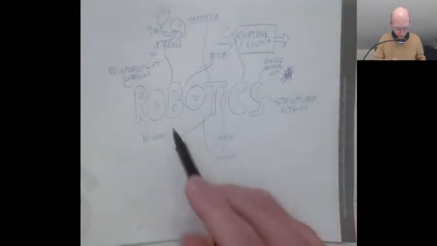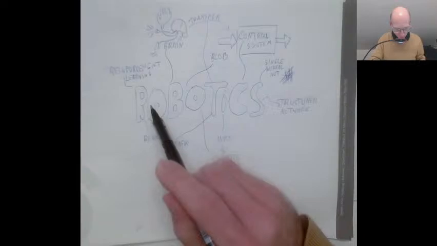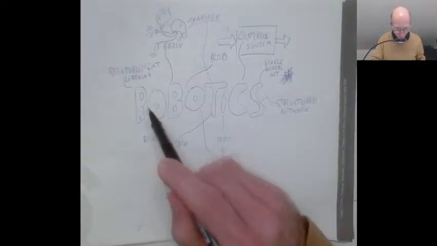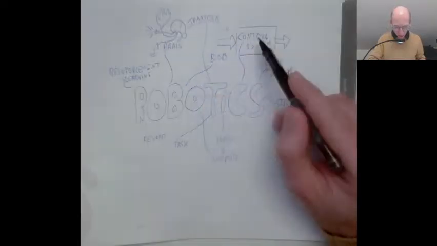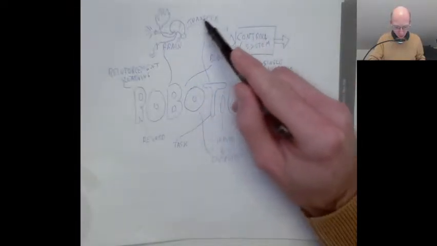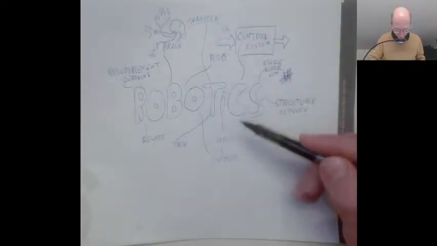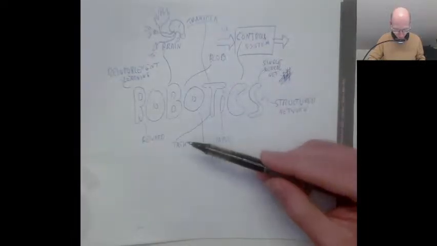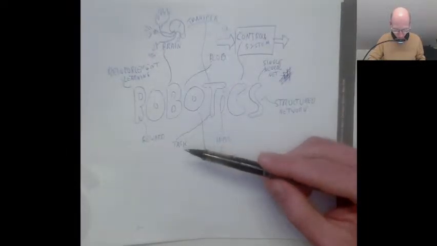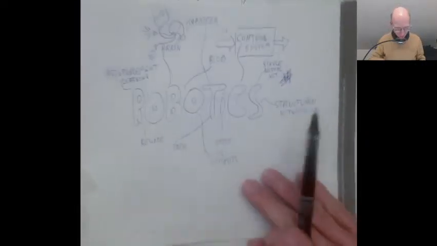Let's actually go back to the very beginning and see what I'm actually trying to do. I started off with a graph on robotics, where I said that we have the brain, we have the control system of a robot, and I want to transfer one to the other. We have inputs and outputs, we have tasks, and we have a structured network. Good.